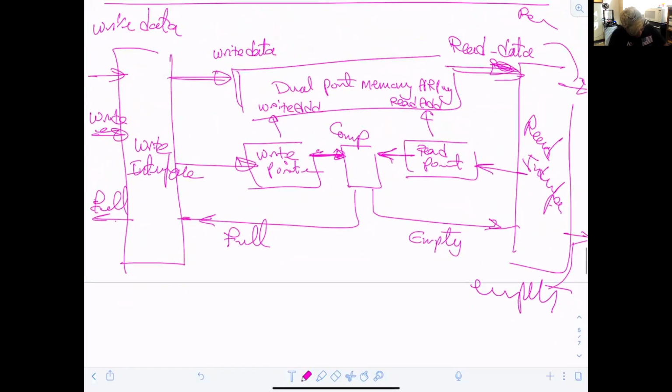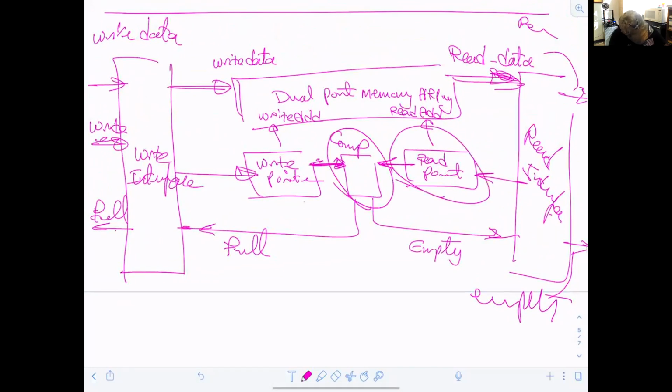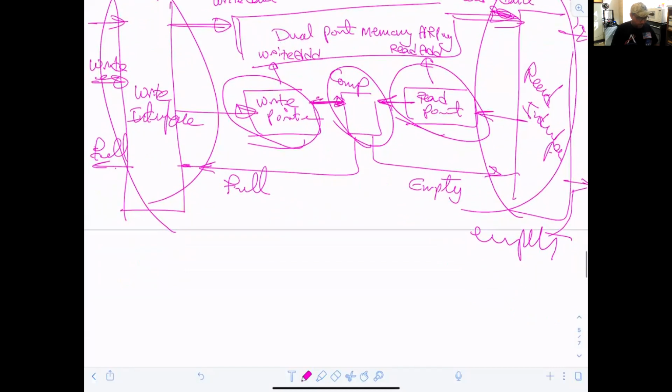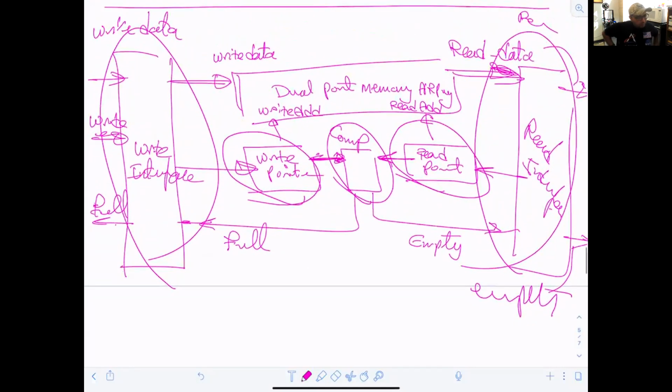We need to describe each of these blocks, and then we combine them together by instantiating them in a top file that will be the FIFO itself. Are there any questions so far?